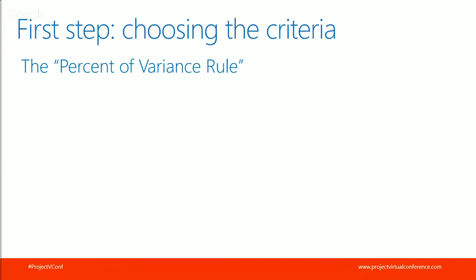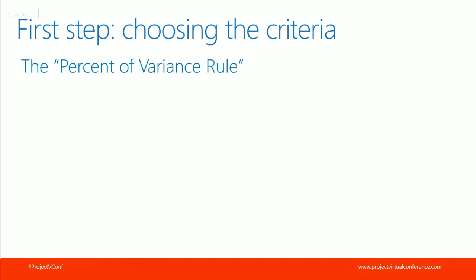One of the criteria that I have seen in many companies in which I have participated in projects is the percent of variance rule. This rule is pretty simple. It gives some layers, and if a task passes a particular percentage of variance, then we are going to show a stoplight or an indicator.